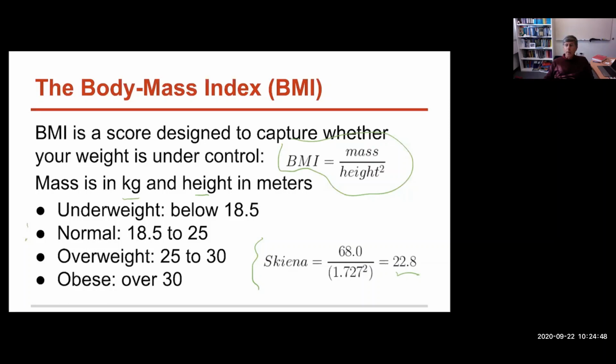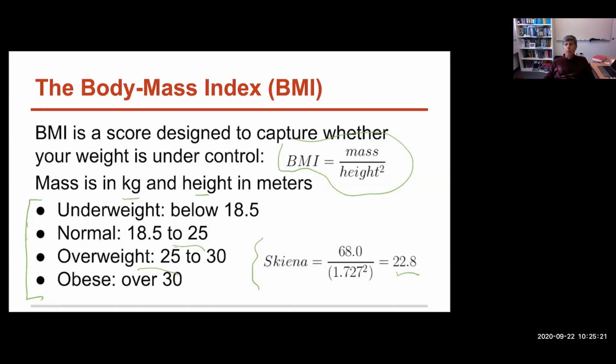But does everybody see that if you are heavier than you should be for your height, the BMI is going to be large? There's a standard scale for interpreting these things. If your BMI is under 25, you're presumably not overweight, but 25 is where it starts to be overweight, and obese is when your BMI is over 30.